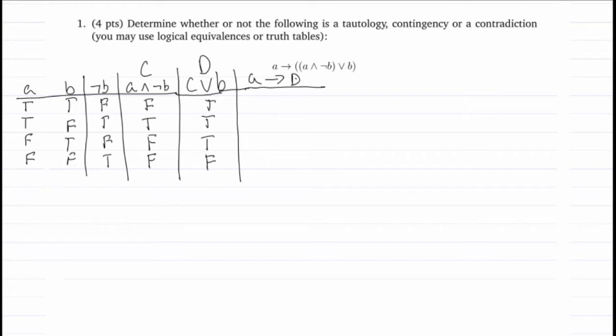So anything else is true. Let's go through this. First we have a true implying a true, so this is true. Again a true implying a true, this is true. Now we have a false implying a true, this is true. And a false implying a false is also true. So by truth table, we have proven this is a tautology.